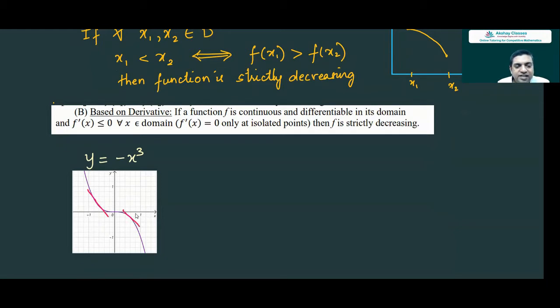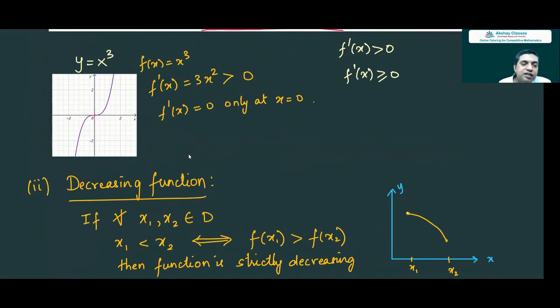Only at one point, at x equal to 0, the derivative will be 0. But at all other points, the tangents will have negative slope. So the function is decreasing. That means when we are moving from left to right across the x-axis, the value of the function is decreasing. In this case, when we move from left to right, the value of the function is increasing.